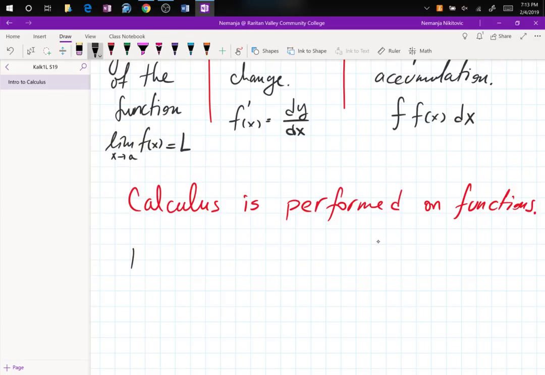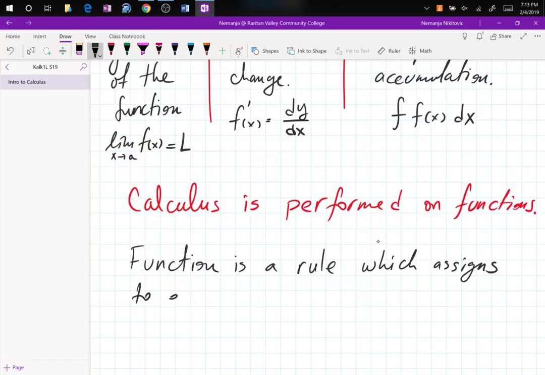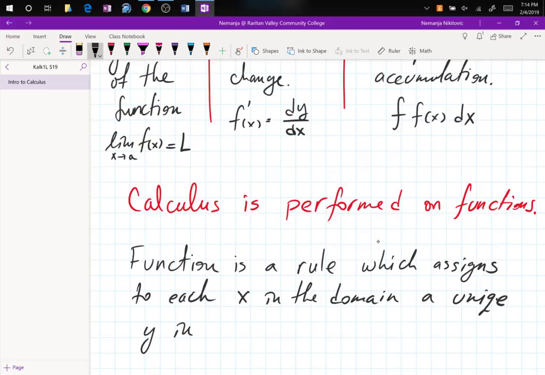Let's go. A function is a rule which assigns to each x in the domain a unique, no coughing, y in the range.